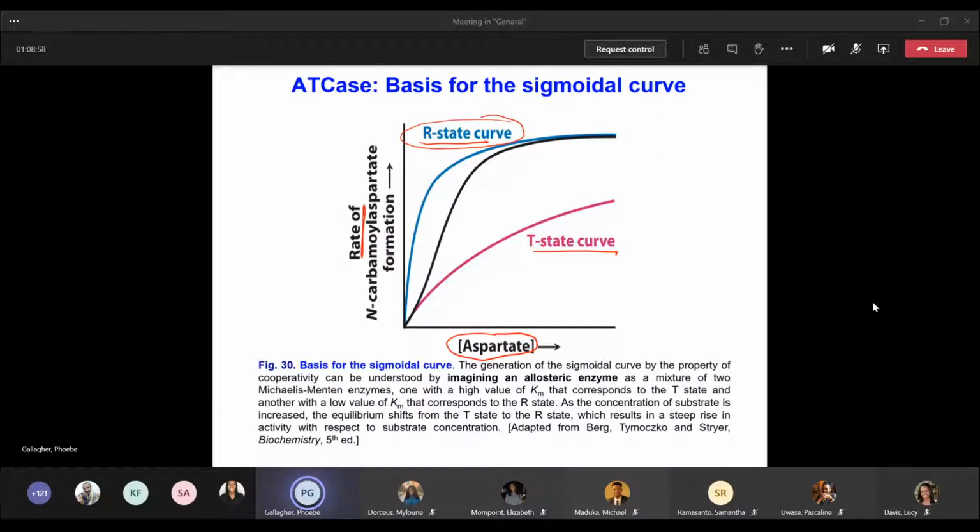So you'll see that with allosteric enzymes that are cooperative, you'll see the sigmoidal curve similar to how we saw with hemoglobin, where at a low concentration, it has a low affinity for substrate and therefore a low rate of the reaction. But as you increase the concentration of aspartate or of the substrate, you'll see that it has a higher affinity for the aspartate and it would cause an increased rate of the reaction.